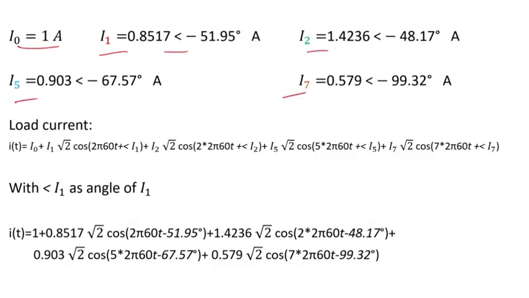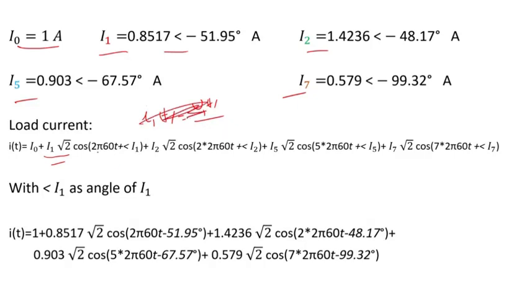Now I know the load current. I have to go back to the time domain: it's I0 plus I1 root 2 times cosine. You take I1, which is the RMS, and multiply by root 2 to get the peak. I1 in the time domain is V1 in the time domain divided by the impedance.